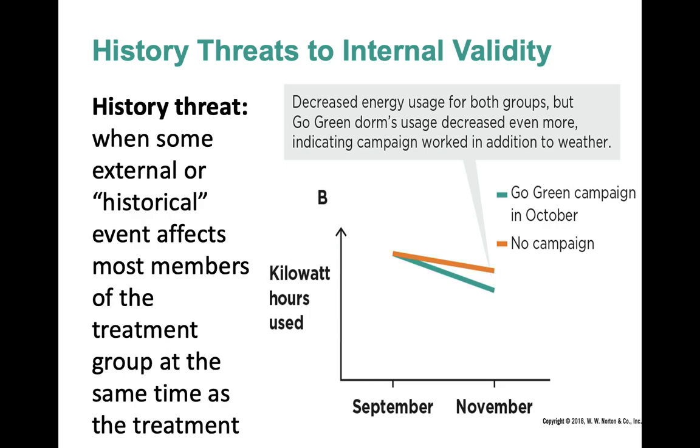In that case, you might actually see that you don't get the reduction in stress due to meditation because of this history effect. And so it might lead you to believe that meditation wasn't successful at reducing stress levels, but there's this event that occurred to the participants at the same time as the treatment, which was the meditation.